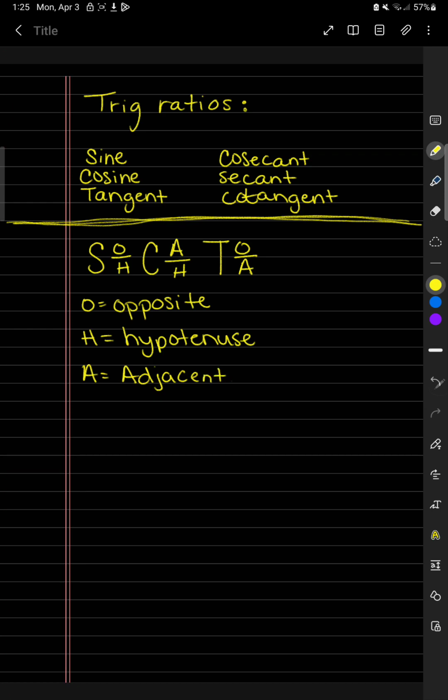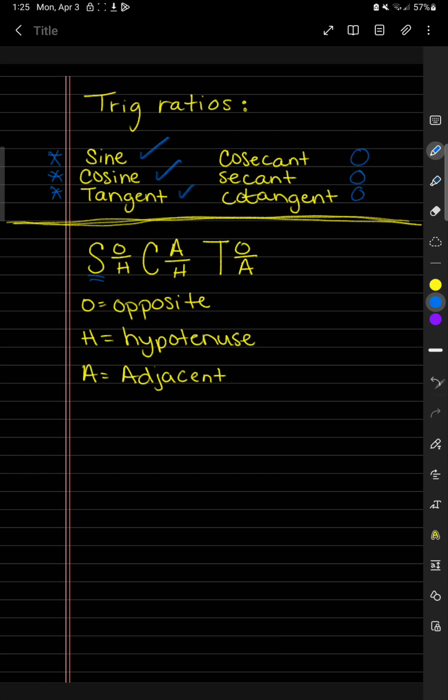All right, so I mentioned that the first 3 trigonometric ratios are opposite to the second 3. The first letter is sine, C is cosine, T is tangent.